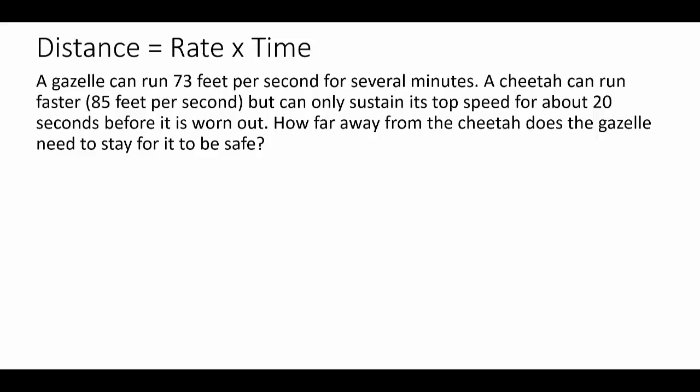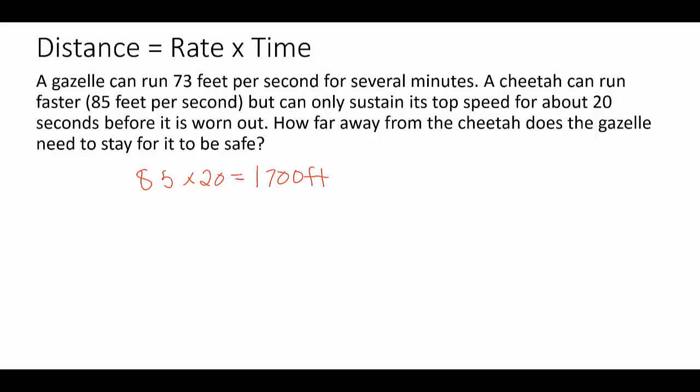And so one way of thinking of it is if we just say how far the cheetah can get in those 20 seconds, so 85 times 20, which is 1,700 feet. We could say that the gazelle needs to stay 1,700 feet away, and technically that's true, but if we want a more precise number, because 1,700 feet is kind of far, and the gazelle doesn't have to just stand there.